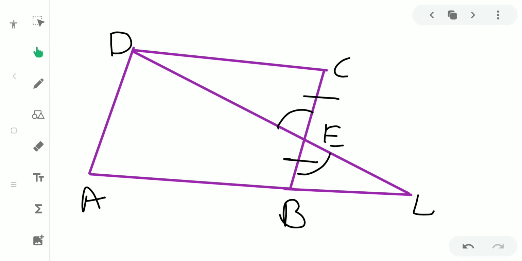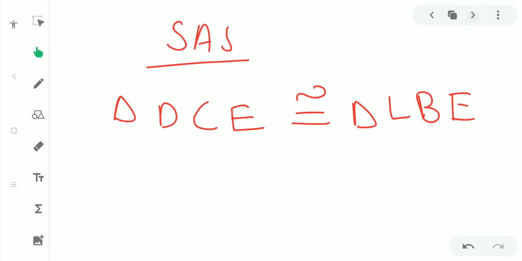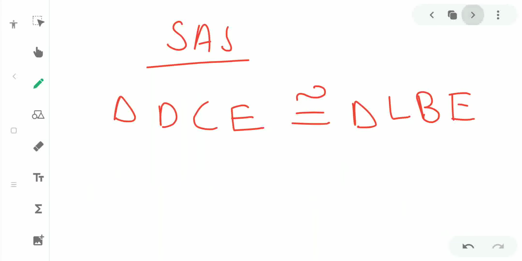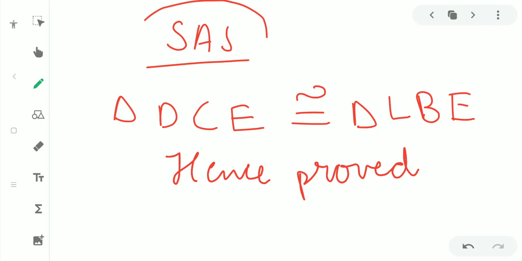So this triangle DCE will be equal to triangle LBE. So that is the congruency, and hence proved. You will write here hence proved, and it is by SAS. That is very important. You should write the reason also.